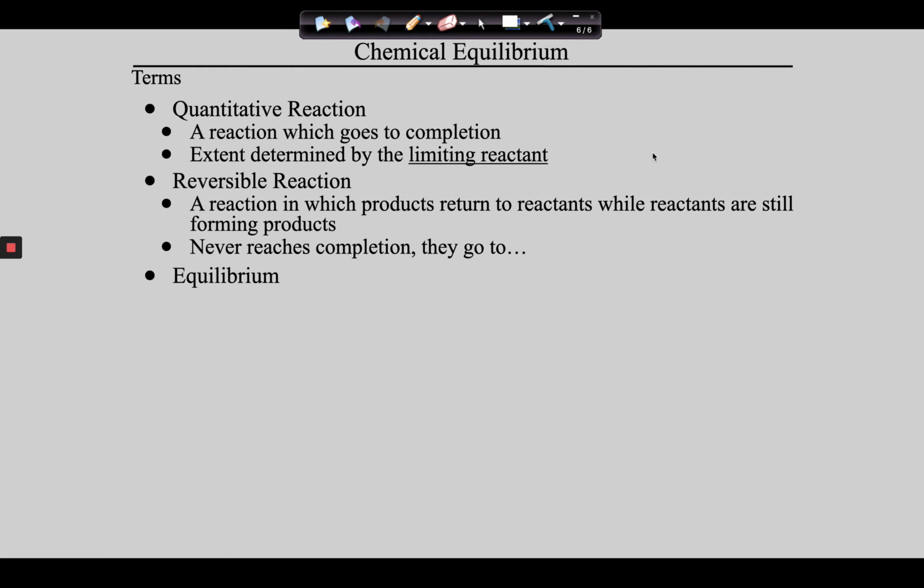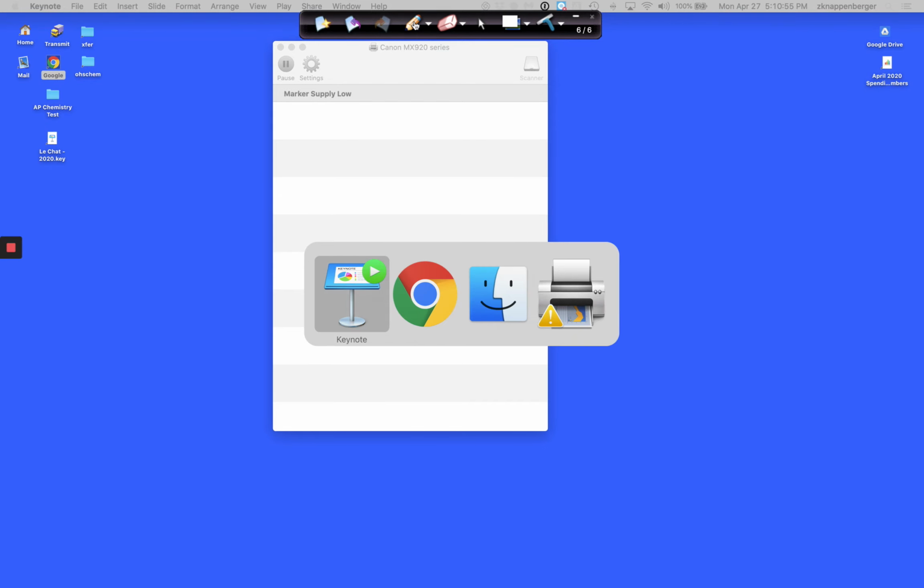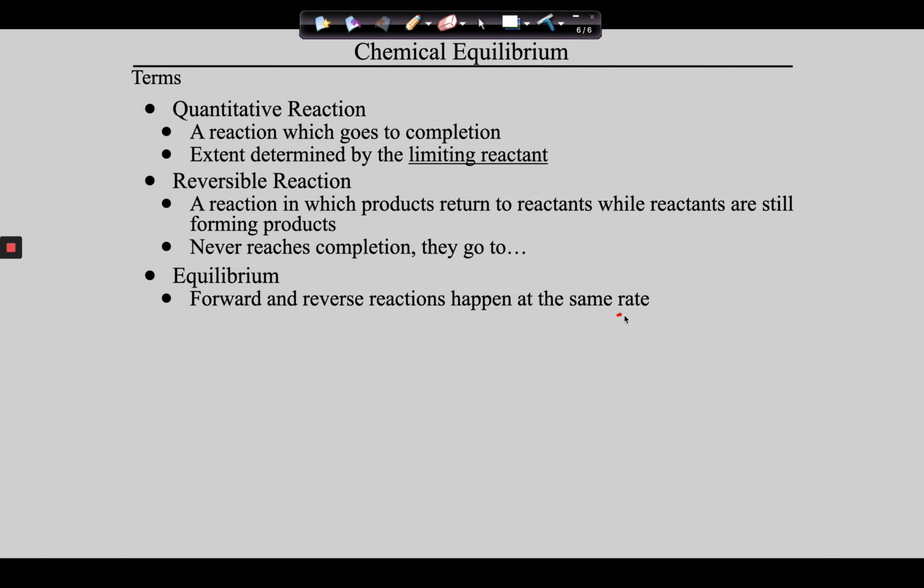And equilibrium, this is the tie to what we learned last time. Equilibrium is the condition where the forward and reverse reactions happen at the same rate. Now, guys, when we bring up this term rate, the thing that's neat about this is we know a bunch of stuff about rate based upon the stuff that we learned last time. So remember what we know about rate.